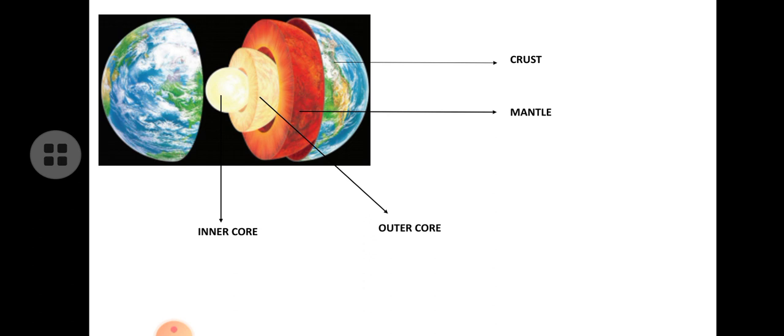Our planet Earth is compared with an apple. You have seen a round, spherical apple, isn't it? When you cut the apple, you can see different layers. The skin layer will be there. Sometimes you peel off the skin layer and cut it.